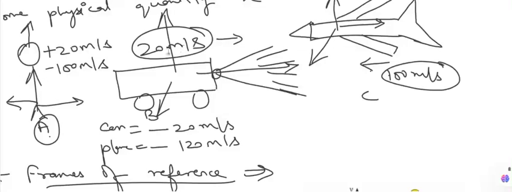But as per A, he is standing still. As per our frame of reference also, if I see this woman is standing still, this is moving in this direction, this is moving in this direction, correct? Yes, ma'am. So, can you tell me any one experiment where we can prove which one of them is moving and which one of them is stationary?